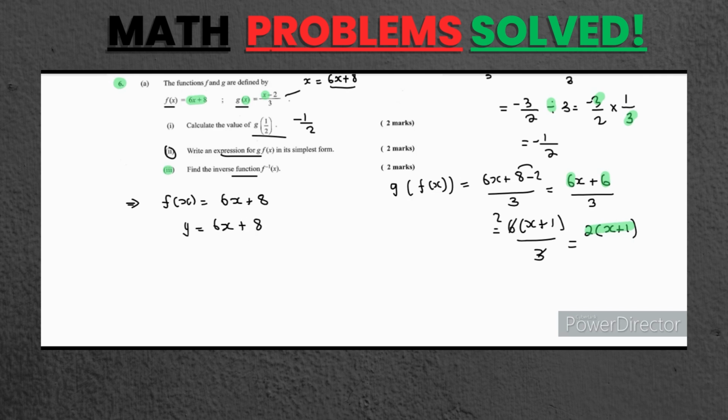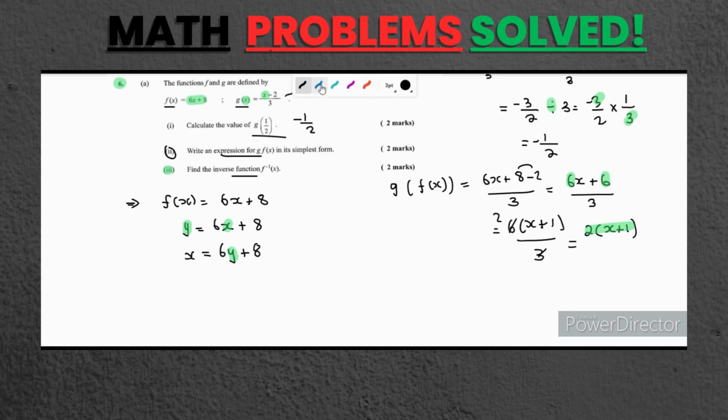Then what will you do? To find the inverse function, you will swap x and y with each other. Like instead of y, you will write x, and instead of x, you will write y. Right? Then what you have to do? You have to isolate y from here.